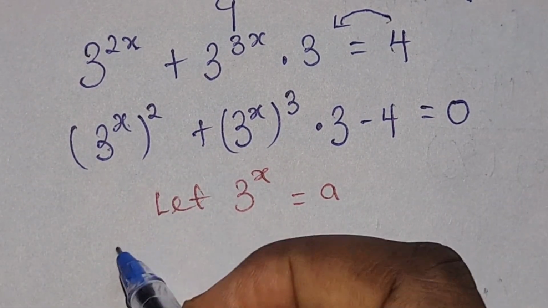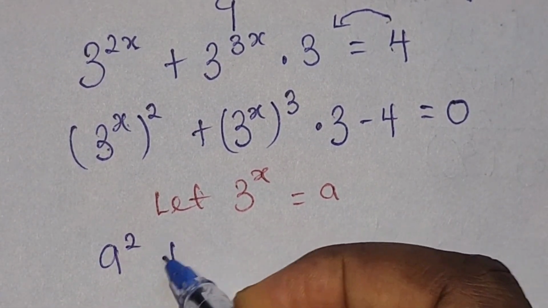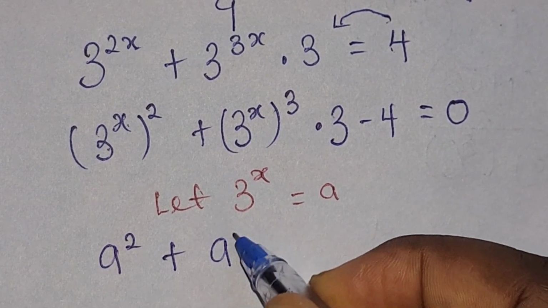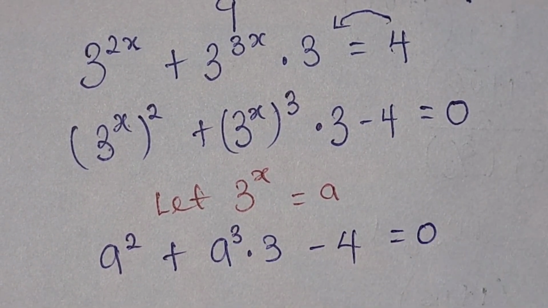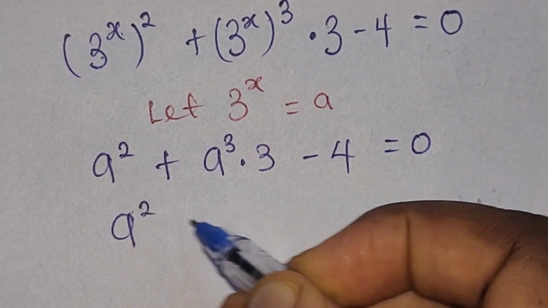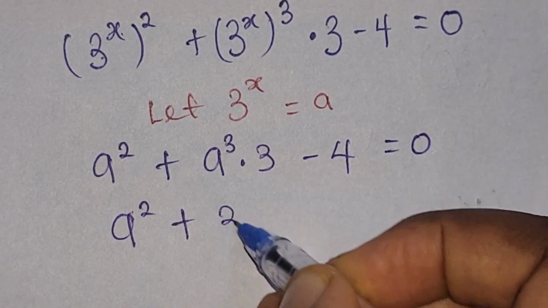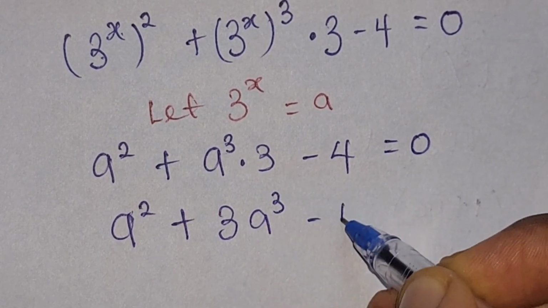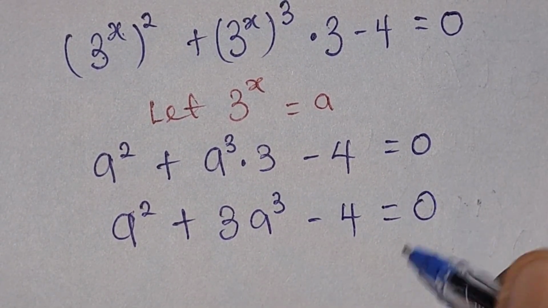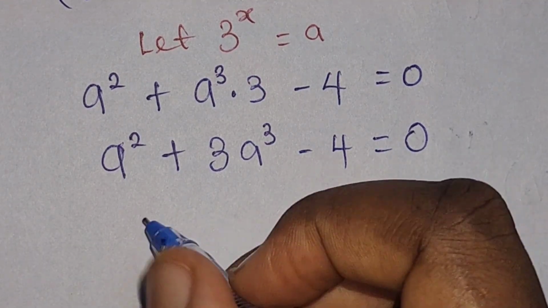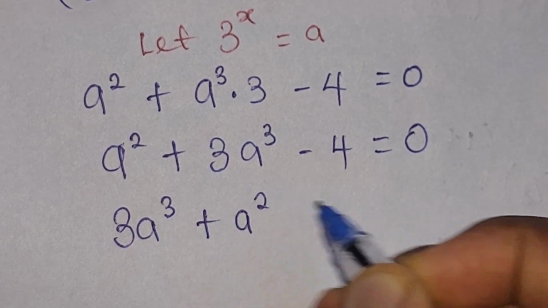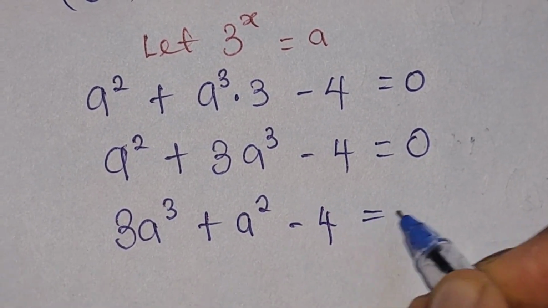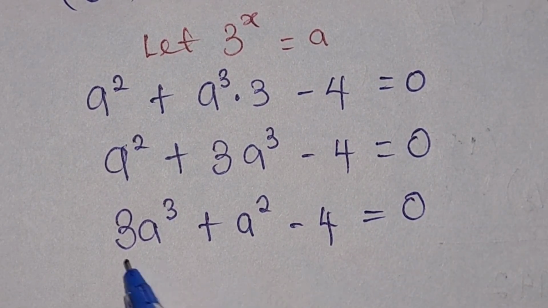So we have a squared plus a to the power of 3 times 3 minus 4 is equal to 0. So we have a to the power of 2 plus 3a cubed minus 4 is equal to 0. Rearranging this cubic equation, we have 3a cubed plus a squared minus 4 is equal to 0. So we are going to be solving this equation.